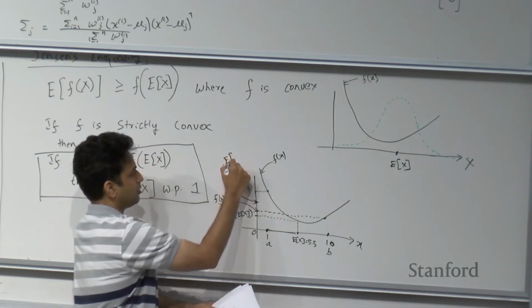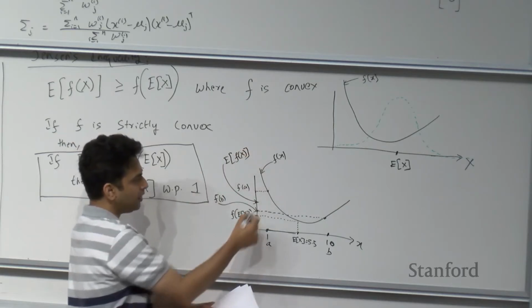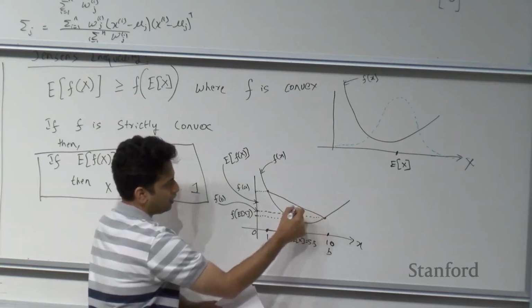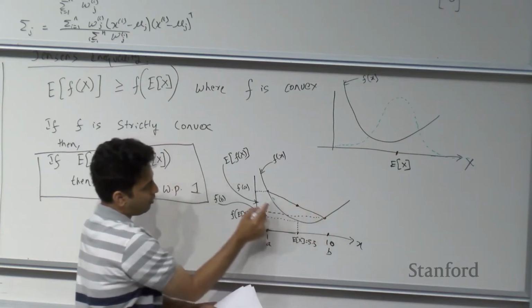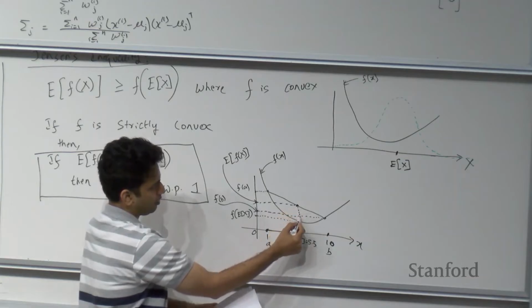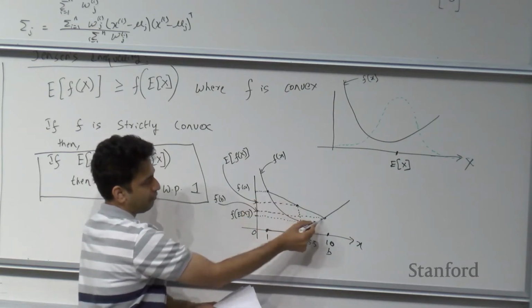And it so happens that this point will always be the midpoint of the chord connecting f of a and f of b.